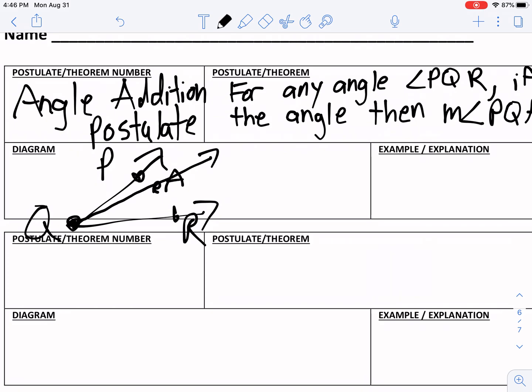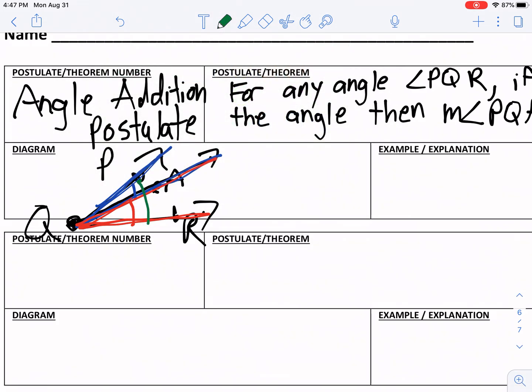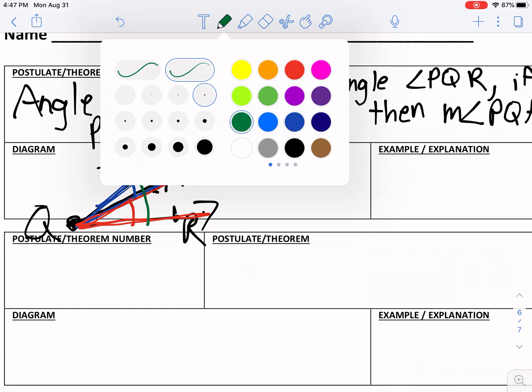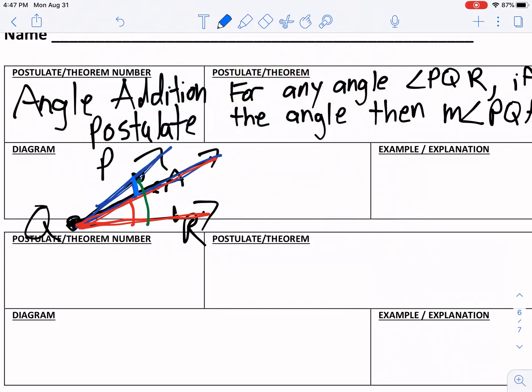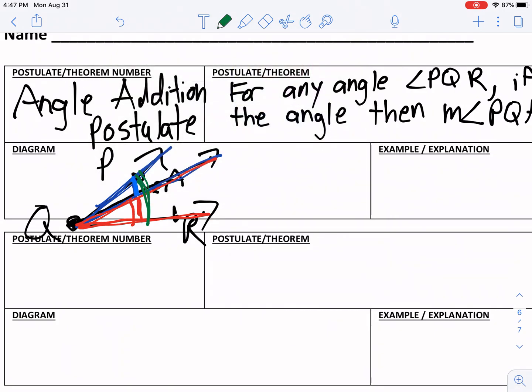So this angle right here, PQA, this angle's measure, plus the measure of AQR, the measure of this angle, has to equal the total angle's measure, PQR. So this angle plus this angle's measure has to equal the total measure of the whole angle PQR.